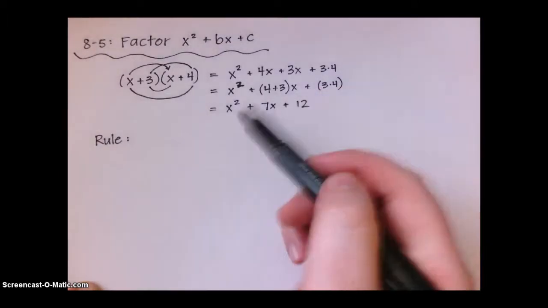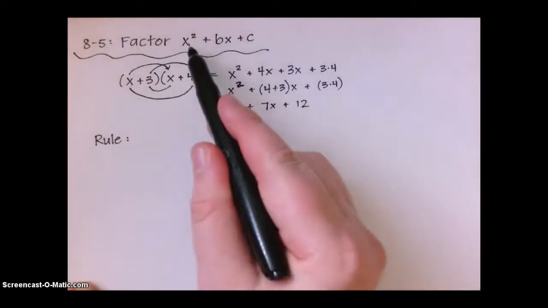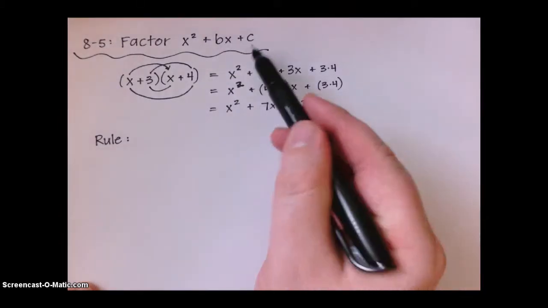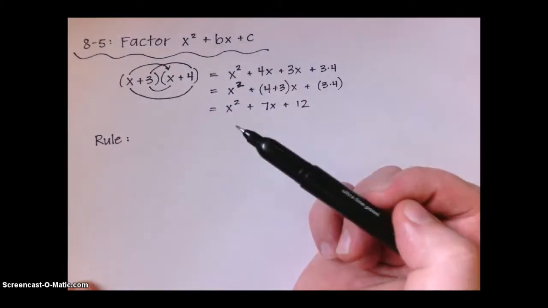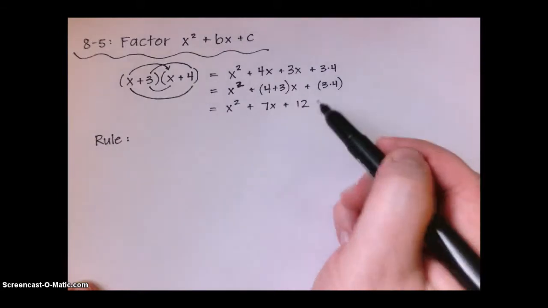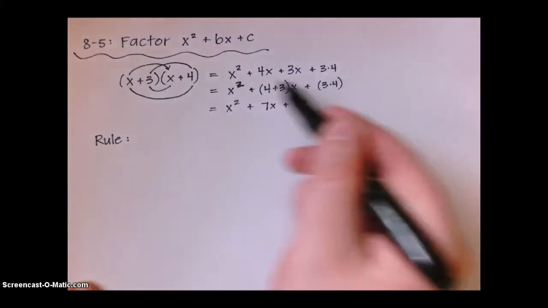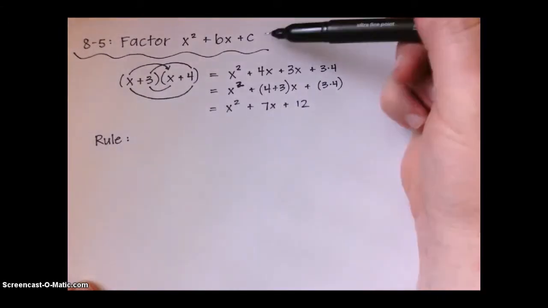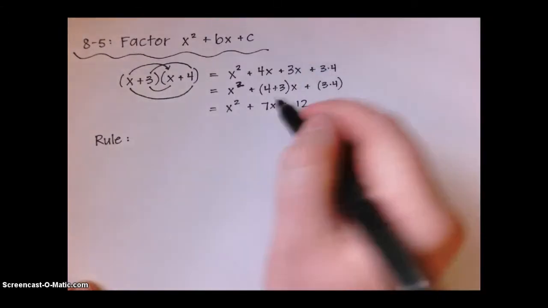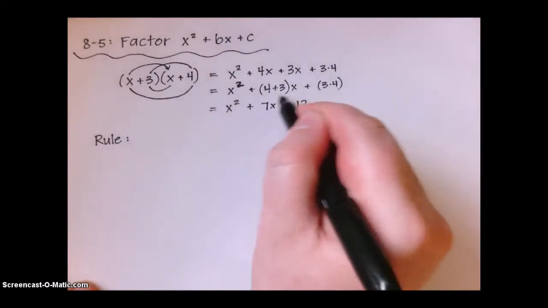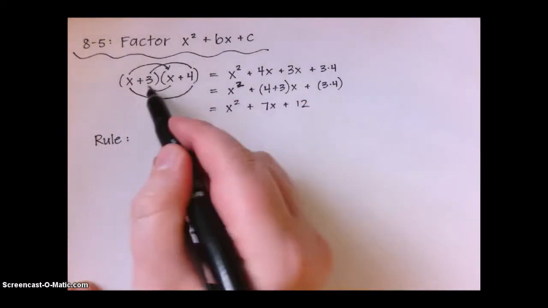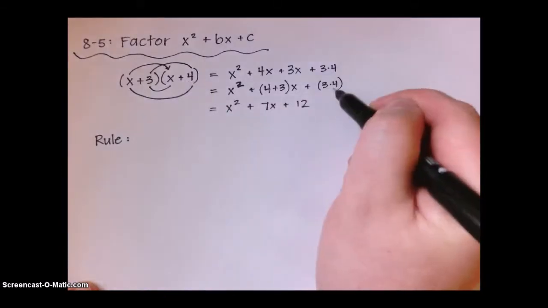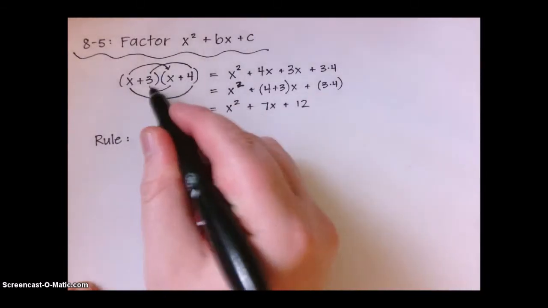So again, in the end, it's of the form x squared plus bx, a number times x, plus c, another number. All right? And so this is actually going to help me by realizing how I could factor anything of this form by realizing that this middle number is really adding the two numbers that I have right here, the 3 and the 4, and this end number is really multiplying those two numbers.